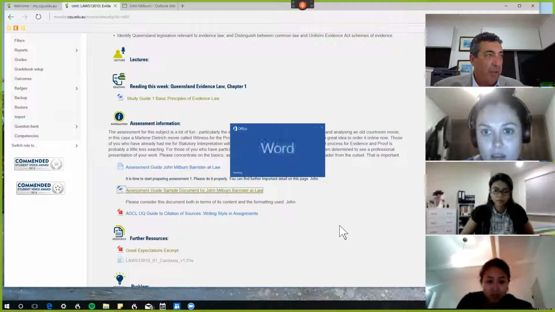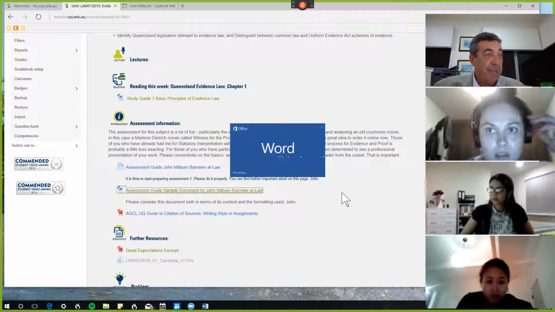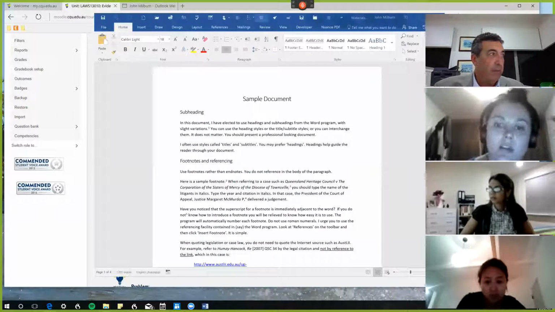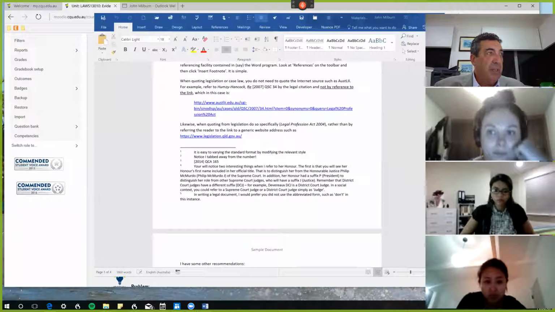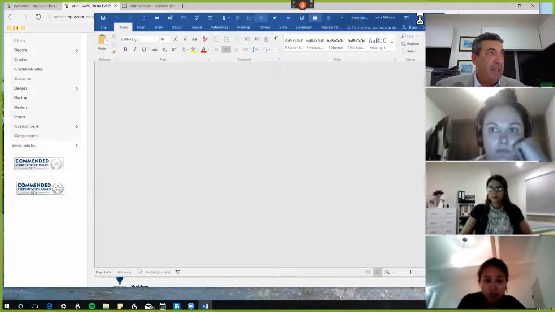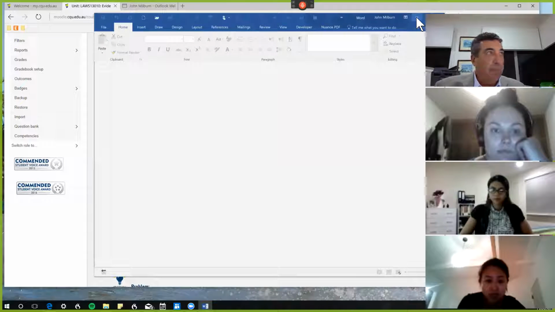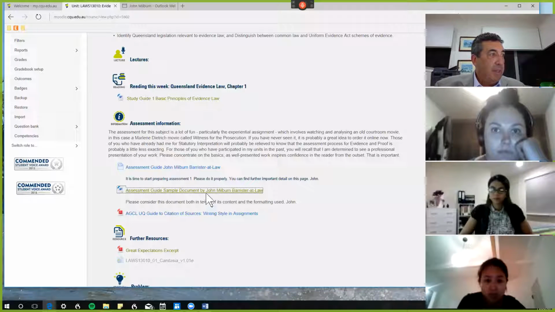It's a simple document that provides a sample of the way in which I like things set out, and also shows you how to reference material. So you'll see that there's headings and some guidelines. Actually read it. It's not just there for the layout, but have a look at the content as well. All right, so that Word document is available as an assessment guide in week 1 of the material on Moodle. And there it is there.